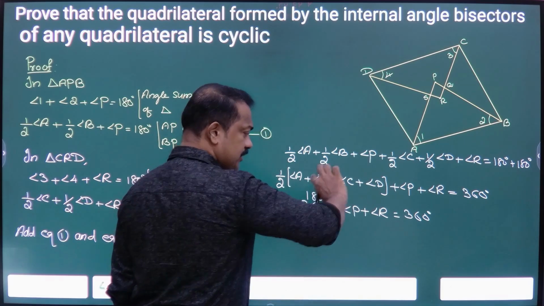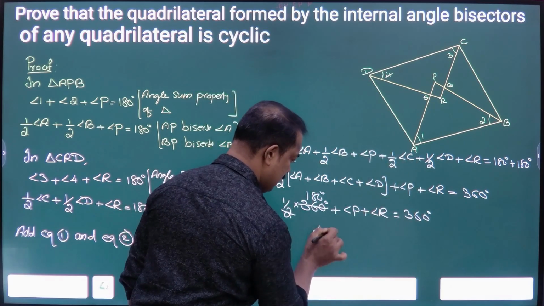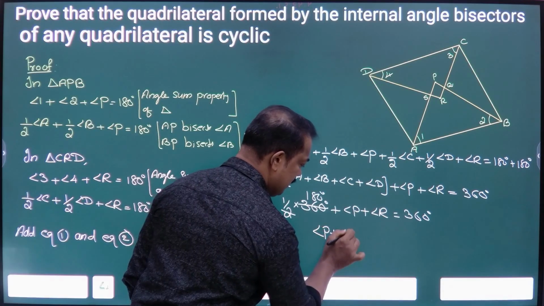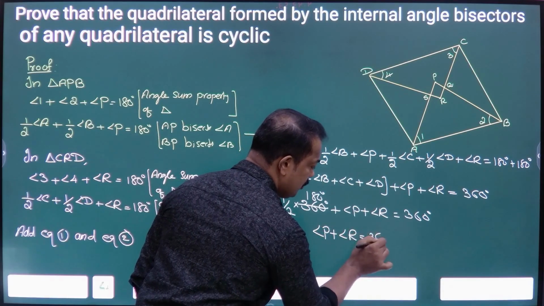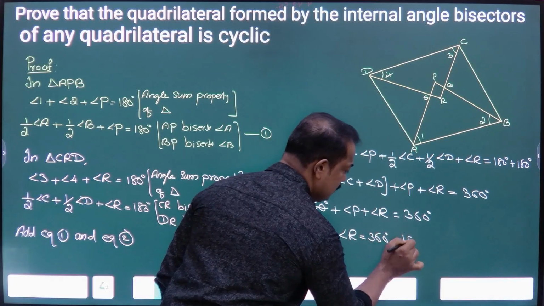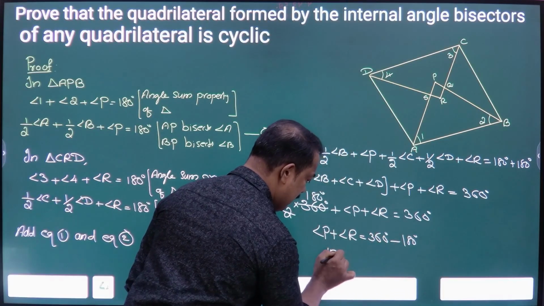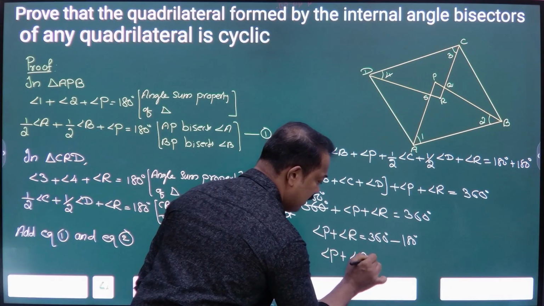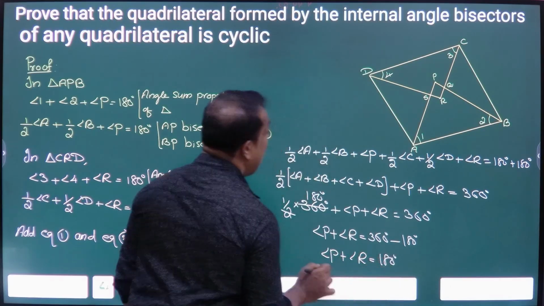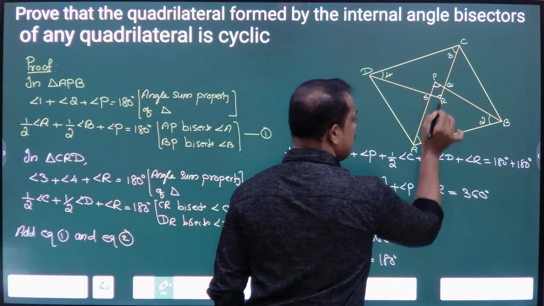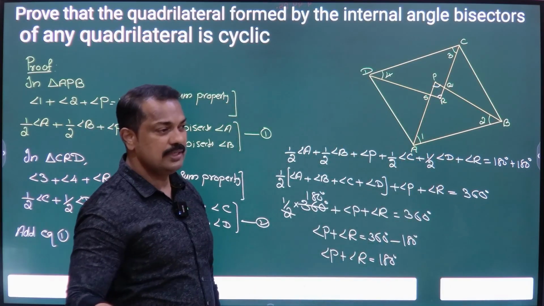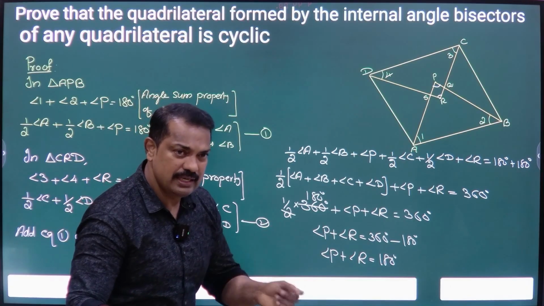Now 180 shift to the right hand side. So it becomes angle P plus angle R equal to 360 minus 180, that is 180 degrees. Angle P and angle R, which angles are these? Opposite angles. The sum of the opposite angles is 180 degrees.